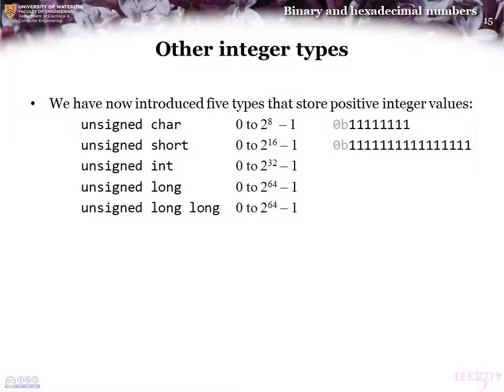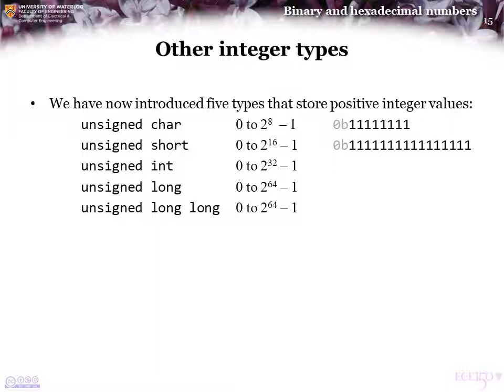All right, so now we've introduced 5 types in C++ that store positive integer values. In general, unsigned char stores values between 0 and 255, the largest being all ones, with 8 ones. Unsigned short allows you to store values between 0 and 2 to the 16 minus 1, and again, the largest unsigned short has 16 ones in it.